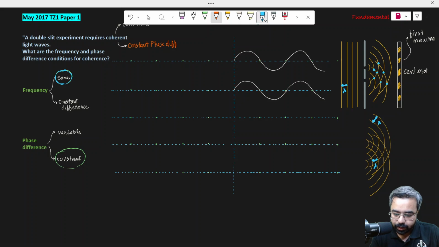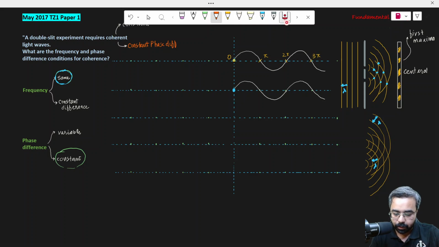Now notice that their path difference is zero, which means that they will interfere constructively, and you see that their crest and crest overlap with one another as well as the trough and trough. Now let's talk about the phase difference, which is important in our case. So this is 0 degrees, this is pi, this is 2 pi radians, and then this is 3 pi radians.